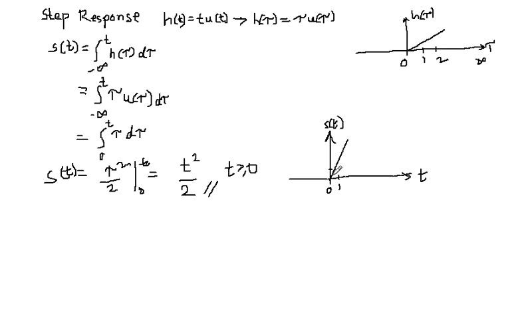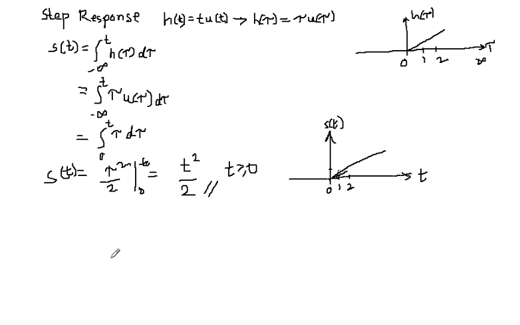In this way it goes on taking those values. This will be the nature, maybe a bit flatter we get. When t is 0, its value is 0. When t is 1, its value is 1 by 2. When t is 2, its value is 4 by 2. In this way the signal would be there. So this is our step response.